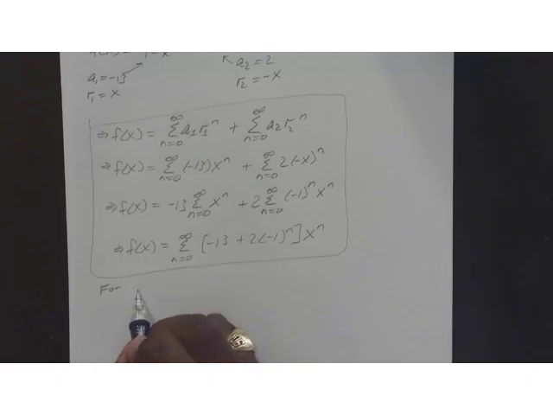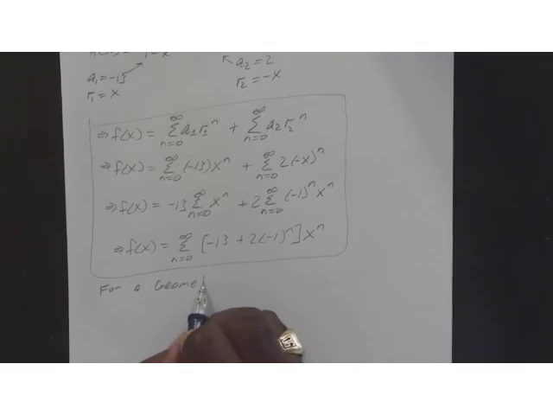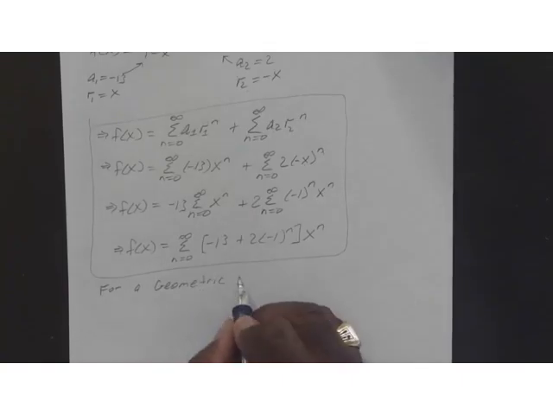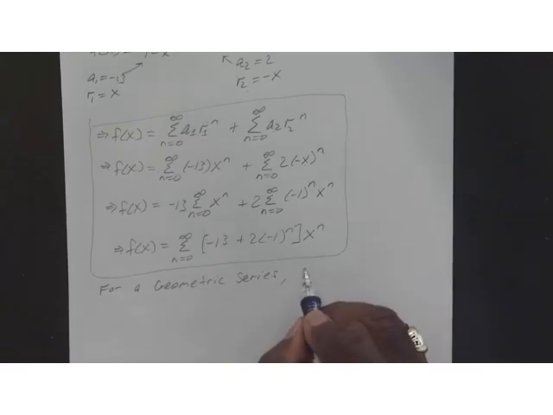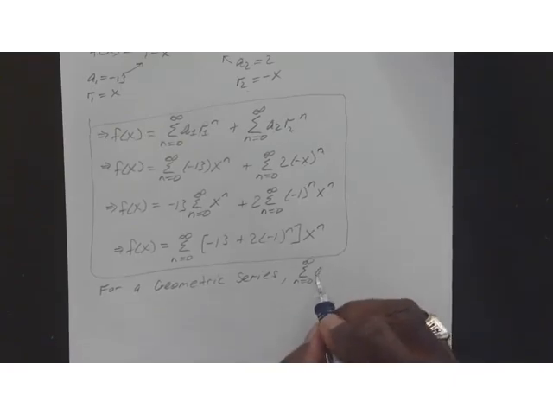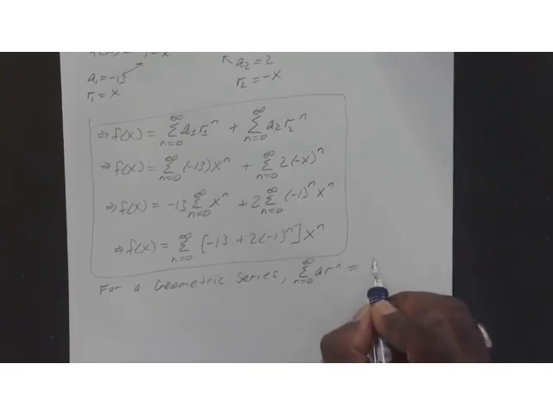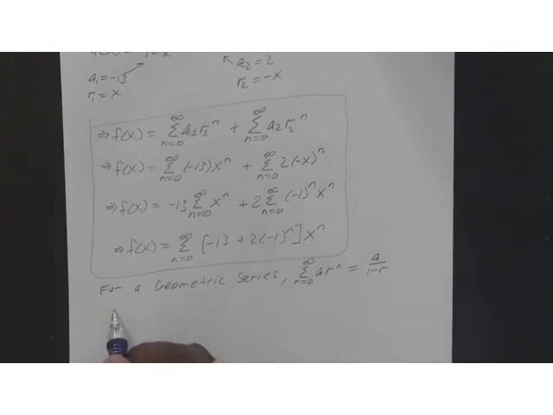Okay, so for a geometric series, we have the sum from n equals 0 to infinity of A times r to the power of n equals a divided by 1 minus r. We know it's convergent if the absolute value of r is less than 1.